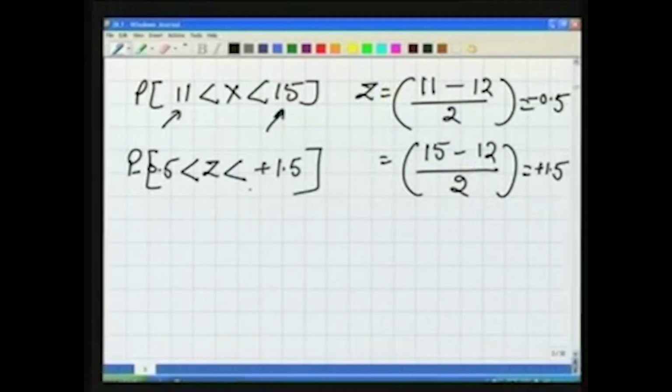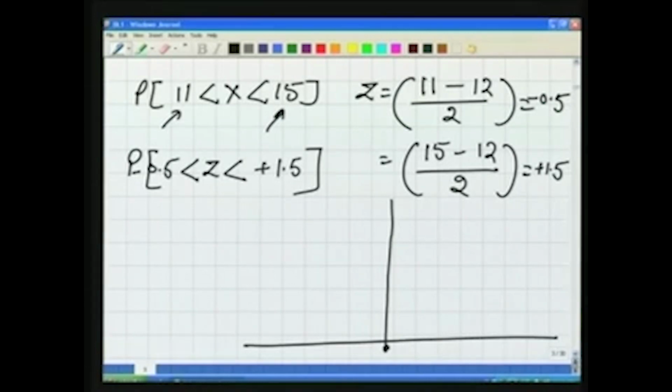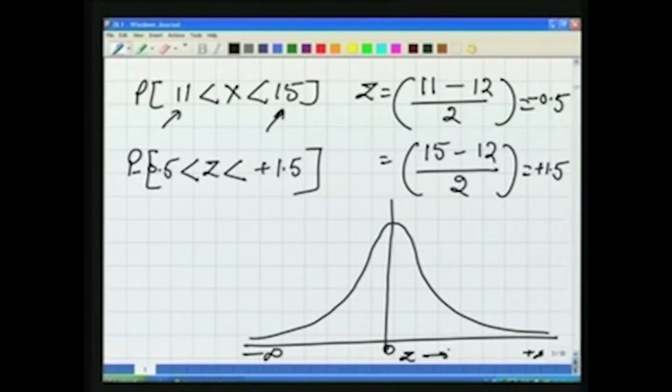So, what we need to do is find this particular value from our standard normal curve. Well, I will draw this curve for you again. That's 0, the standard normal curve, from minus infinity to plus infinity, and that's Z, our variable.